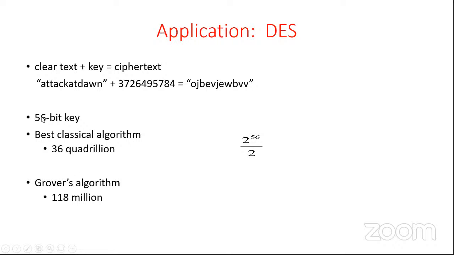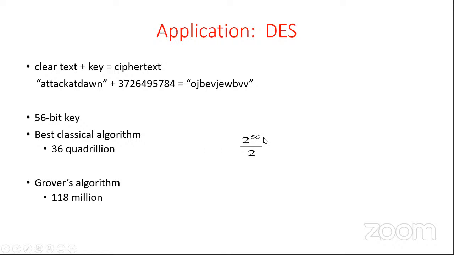If we apply Grover search for searching this kind of key, what we are trying to do is this. Suppose someone has used a particular 56-bit key with DES. If we have that key, we can decrypt the messages. But we don't know which key out of the 2 to the power 56 was used, so we exhaustively try all possible keys and look for a matching ciphertext, which takes this many trials. If we do the same on a quantum computer using Grover, it will be only about 1.18 million trials.